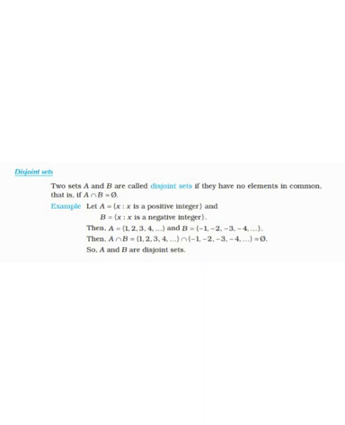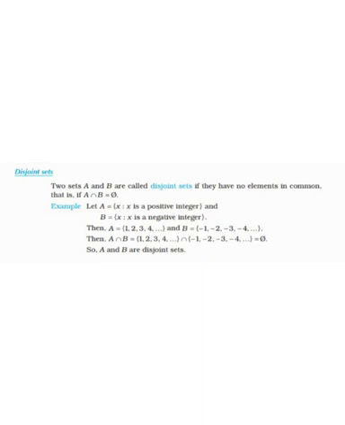So if there are no common elements, the sets are called disjoint sets. For example, A is equal to x such that x is a positive integer, and B is x such that x is a negative integer. A is fully positive integers, B is fully negative integers, so there is nothing common. The intersection is the empty set, so A and B are disjoint sets.